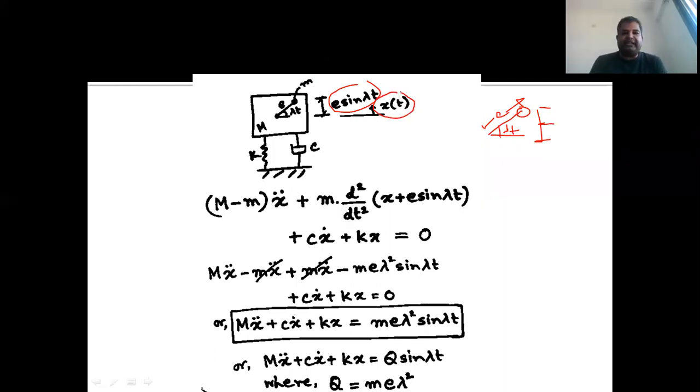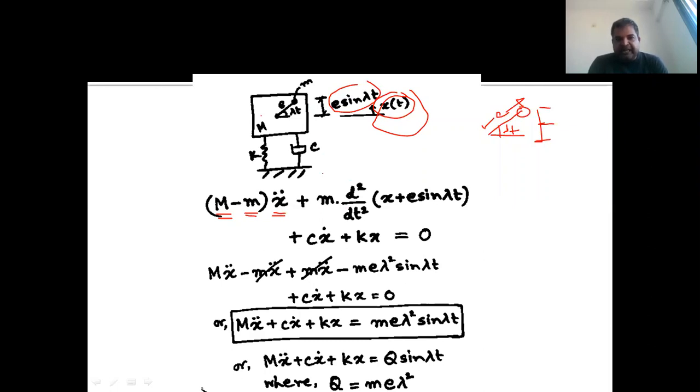So let us try to develop this particular relation. For this combined mass, the capital M is the weight of the whole block including small m, and its total acceleration is x double dot. Plus the small mass is also subjected to vibration.